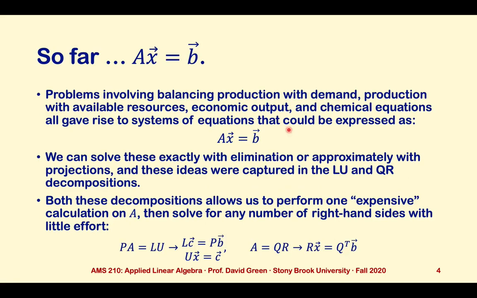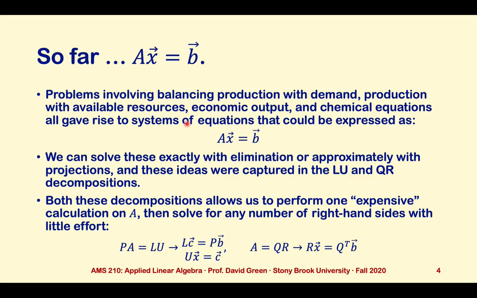So far, our discussion in the class has really been focused on problems that can be expressed in the general form for a system of linear equations, A times x equals b, where A is a matrix of constants, x is our variable vector, and b is a constant vector.